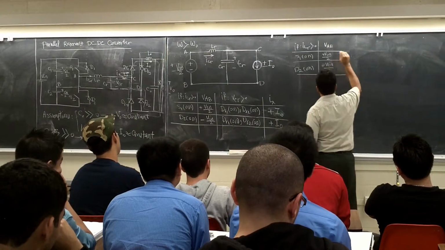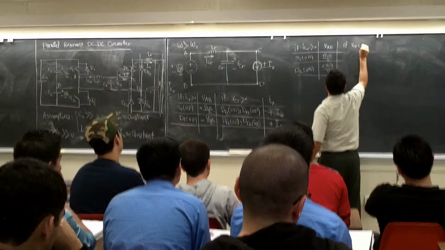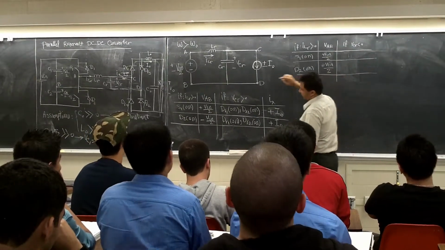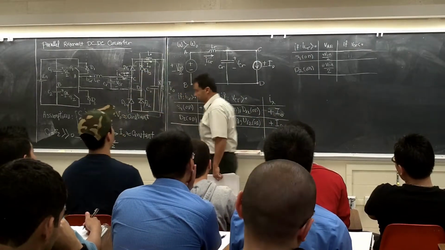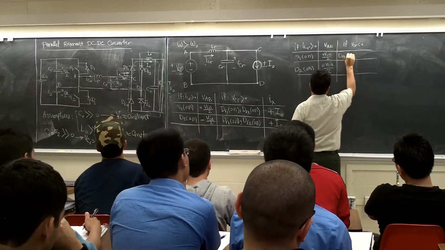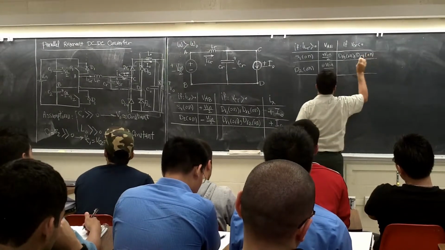And now if VCR is negative, right? Which one is on? If VCR is negative, these two are on, right? DR3 on and DR4 on.